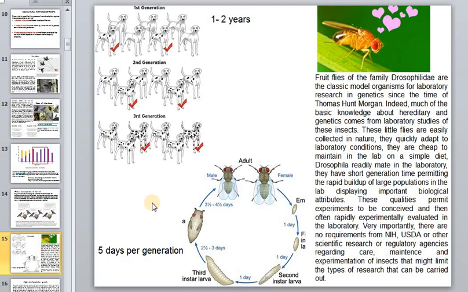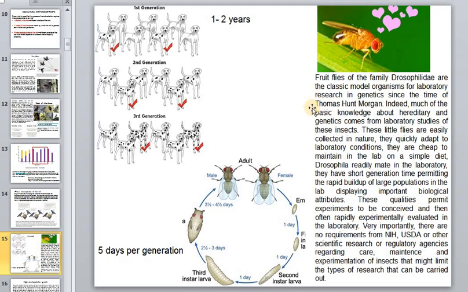which is why genetic scientists prefer fruit flies, because one generation takes only 5 days. It's very easy, and the fruit fly family Drosophila is a classic model organism for laboratory research in genetic science.